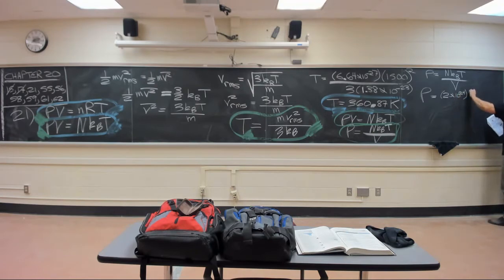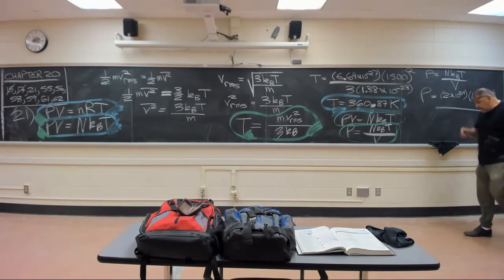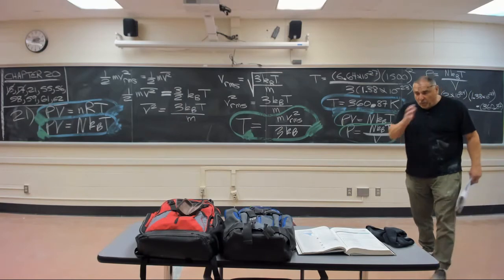That's N, capital N. This is the case of B. Kelvin. They told us each side was 4 centimeters.